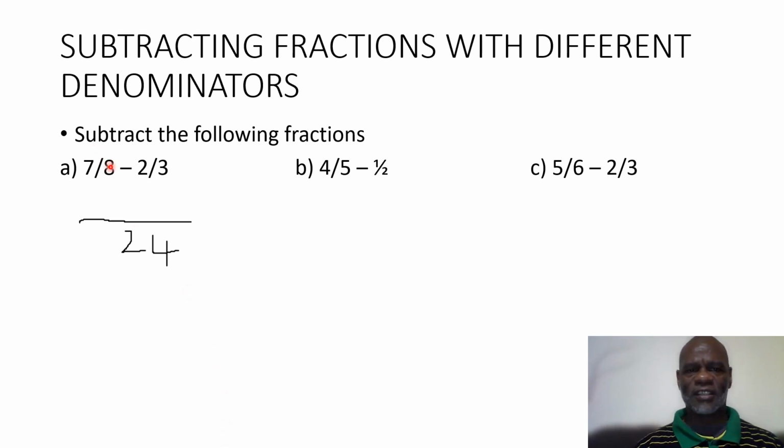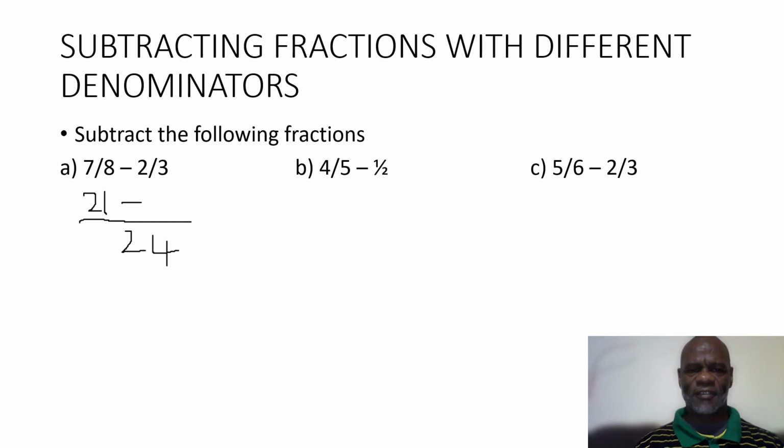Now we are going to divide. We are going to say 8 into 24. How many times can we get 8 out of 24? 3 times. And then we say 3 times 7 is 21. So we have 21 minus, we are subtracting this time. And then we are going to do the same thing again. So we say 3 into 24. How many times can we get 3 out of 24? 8 times. And then we say 8 times 2 is 16.